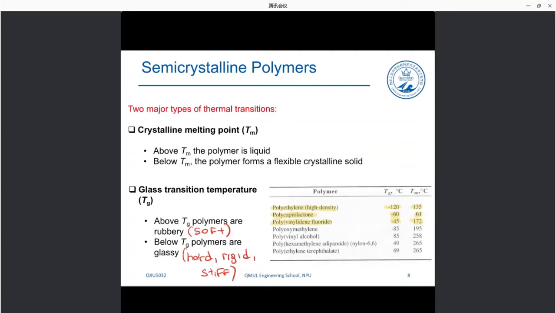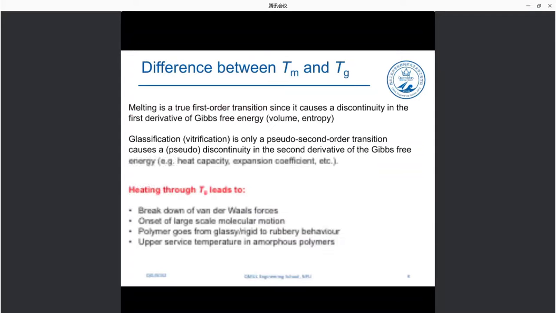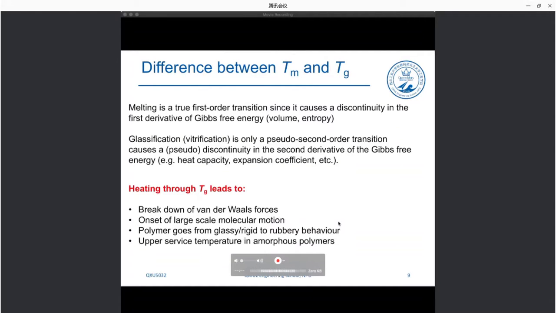Polyvinyl alcohol, on the other hand, has a very high glass transition. So in this case, it is relatively soft, okay? So these are some characteristic polymers.